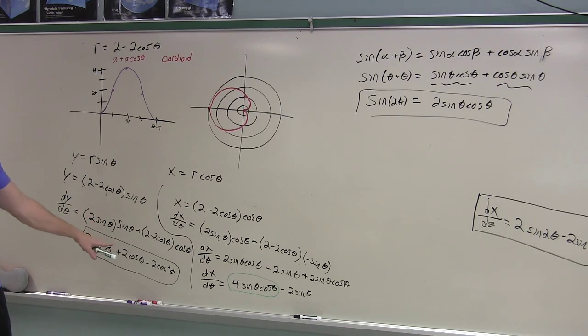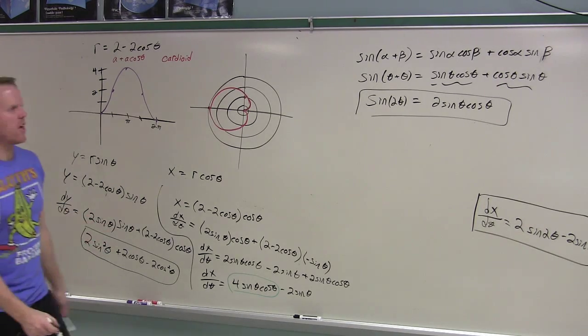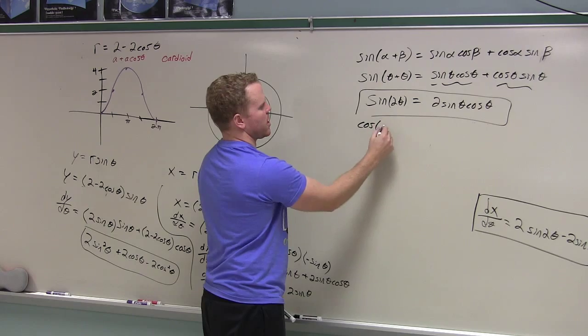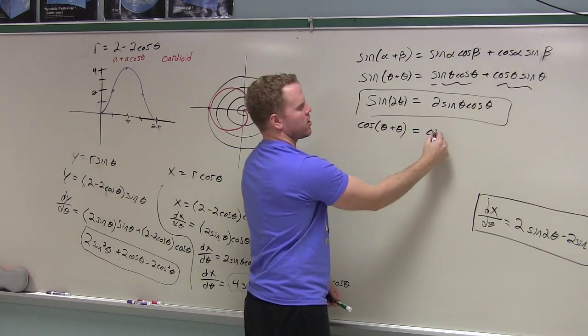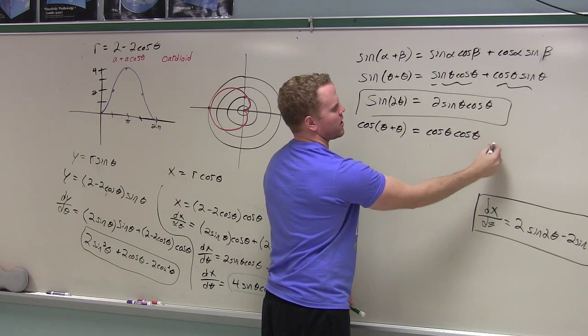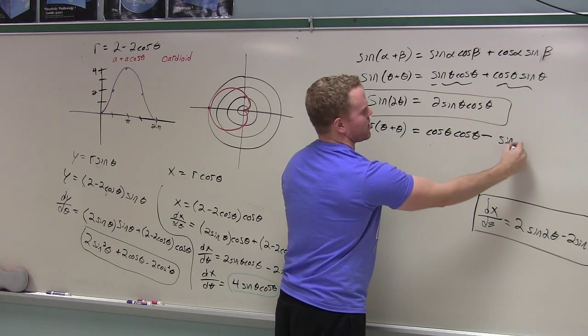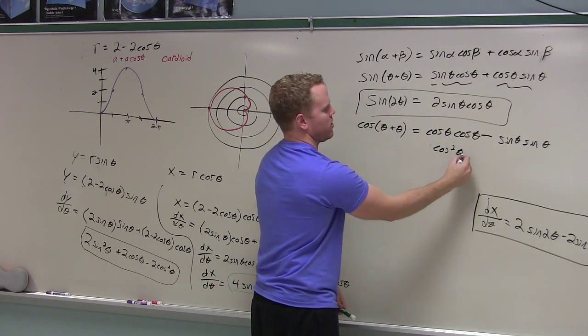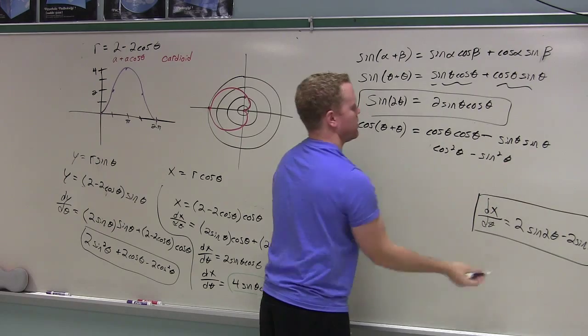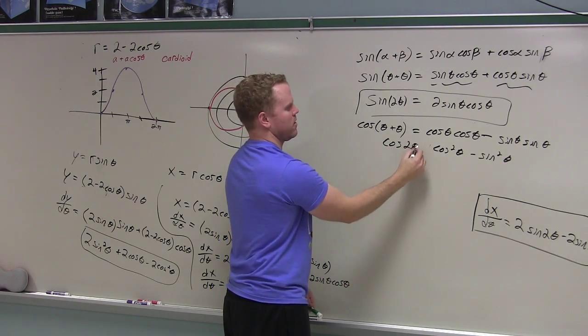Whereas dy/d theta, we have this other sort of thing. You go back to your cosine of alpha plus beta. That should be cosine cosine minus sine sine, aka cosine squared minus sine squared. That's cosine 2 theta.